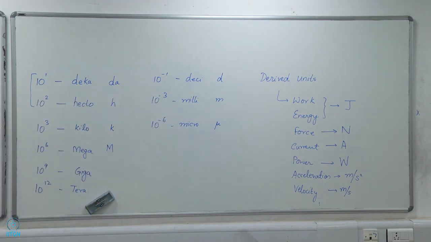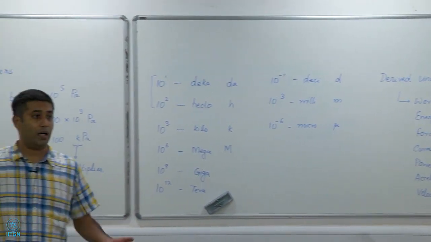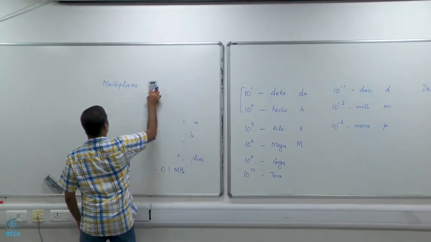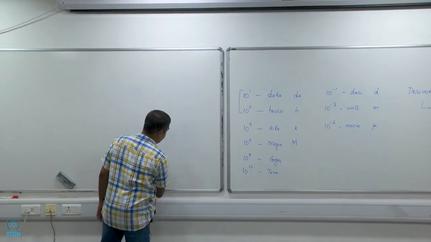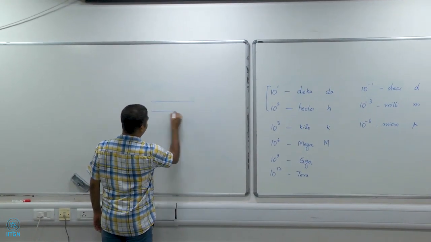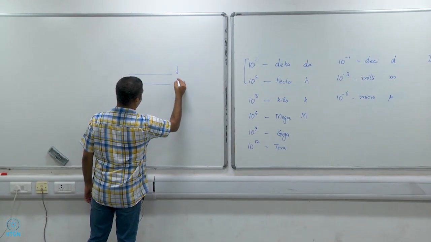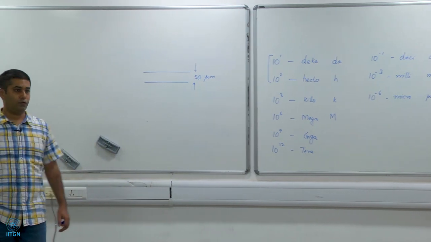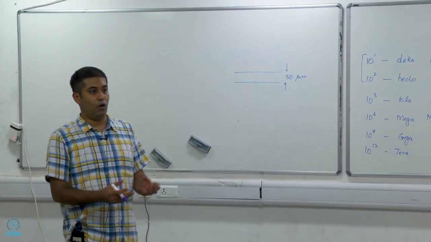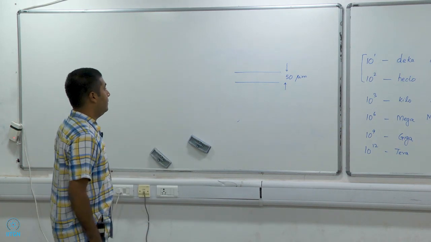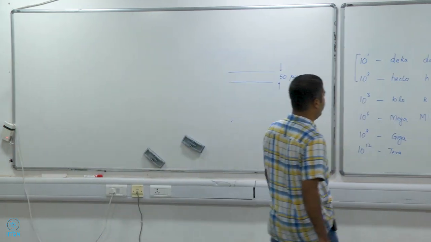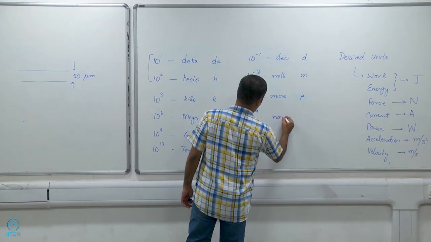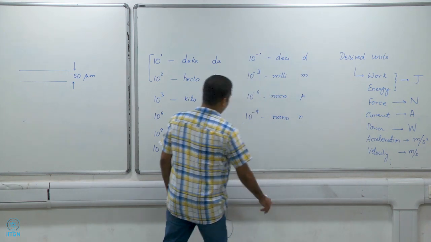So, when I say the thickness of a membrane is 50 microns, so let us say the membrane is 50 microns thick, I designate it as 50 micrometers. So, it is 50 times 10 power minus 6 of a meter, right. And then we have 10 power minus 9, which is nano, right.